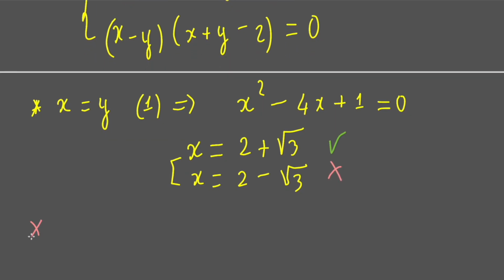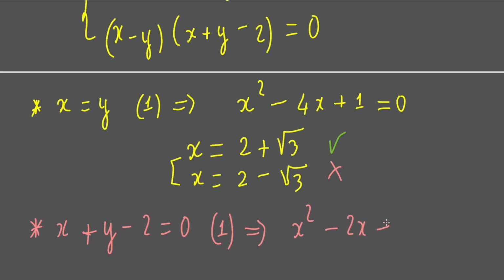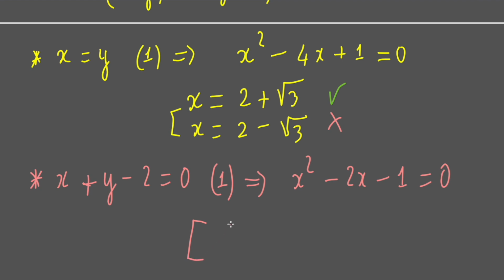Similarly, for the case x plus y minus 2 equal to 0, from the first equation we would have x squared minus 2x minus 1 equal to 0, which also has two roots. And the same as the first case, we check the roots of this equation against the condition at the beginning.